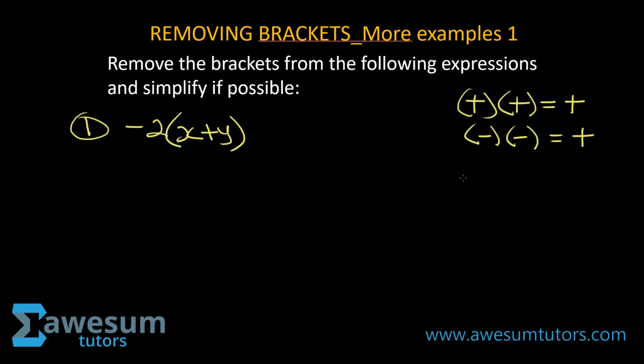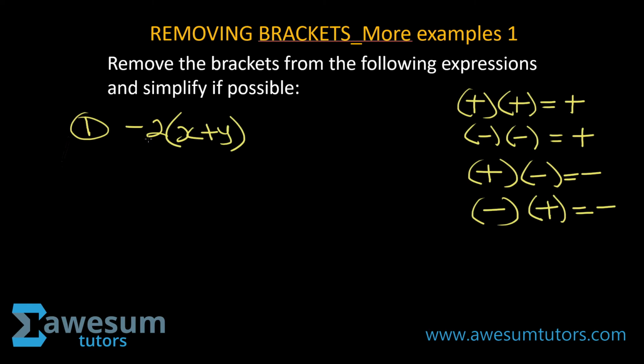And then we said if we multiply unlike signs, it's going to give us negative. Positive times negative gives you negative. Negative times positive gives you negative. Remember that.